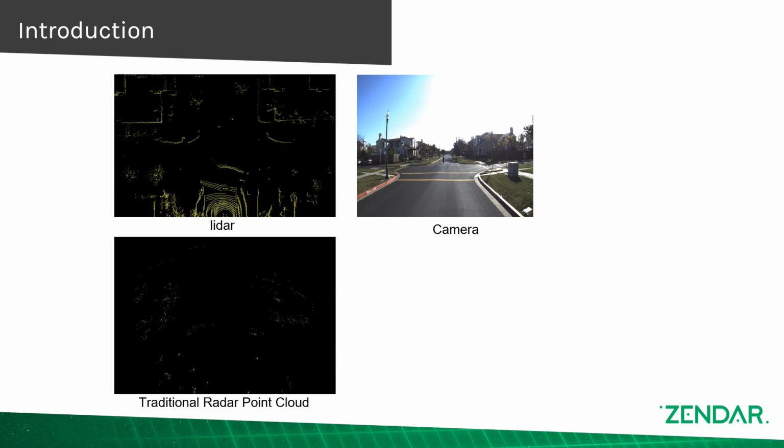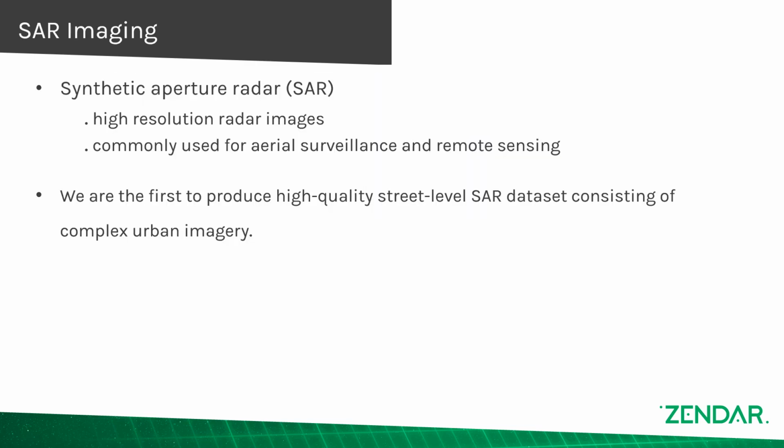Now if you compare lidar to the radar point cloud, you can see the radar point cloud is much sparser compared to the lidar, which means this kind of sparse representation becomes the bottleneck of the radar perception pipeline. Low resolution and sparse radar output is mainly due to the limited size of the real antenna array.